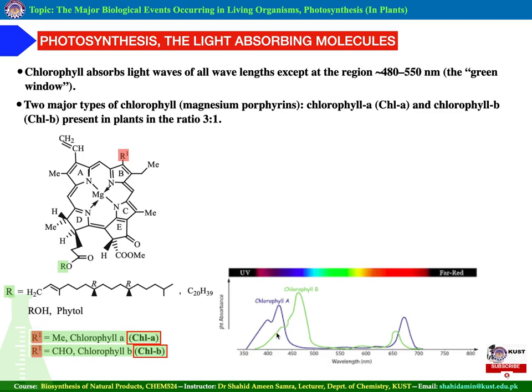So its absorption is at lower energy or higher wavelength as compared to chlorophyll A. If you look at the major band, that is towards the left side of this picture.